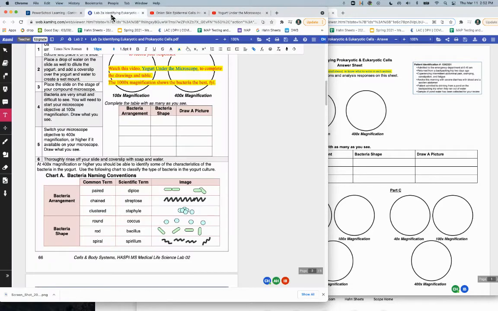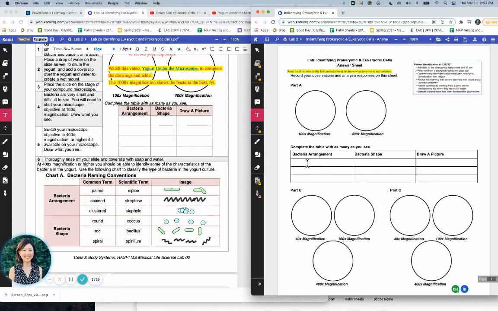So for our table, we can put that we found strepto, chained, arranged round spheres, and then we can go ahead and draw them in a picture.